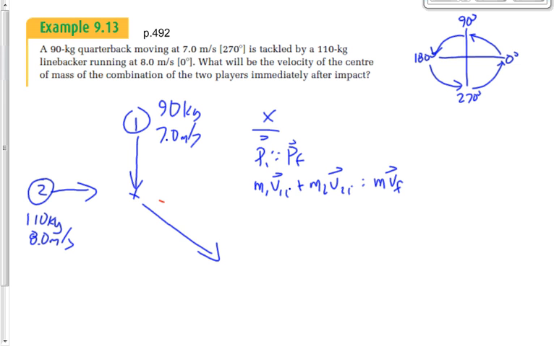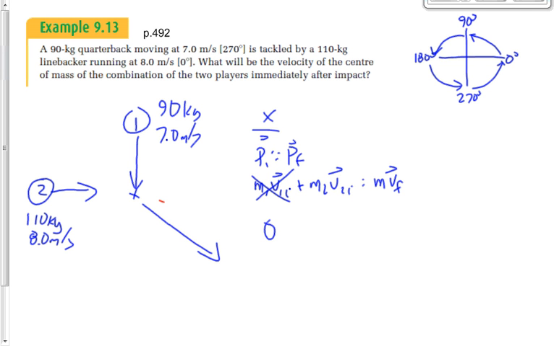What's M1? 90 kilograms. Good. What's V1I? 0. Why is it 0?